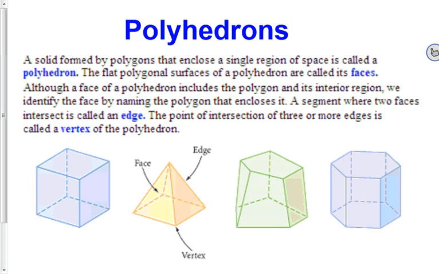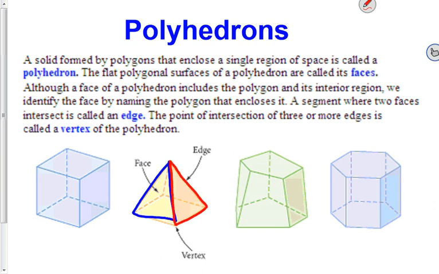Now at the bottom, we have four polyhedrons, and you can see the pyramid that is our second figure right here. We have labeled the face, so the different faces would be the triangle here, right? A second one would be the triangular face here.